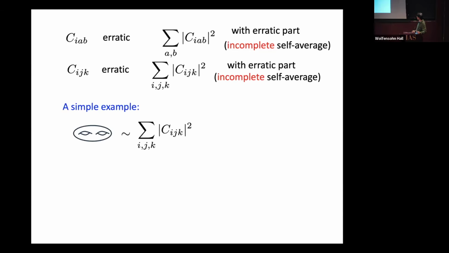A simple example is the genus 2 partition function of a two-dimensional CFT, which you can decompose in a channel written in terms of the OPE coefficients like this. And the claim is that this will involve smooth parts and an erratic part depending on n. In particular, this erratic part is reflected in these wormholes that connect to a genus 2 manifold.